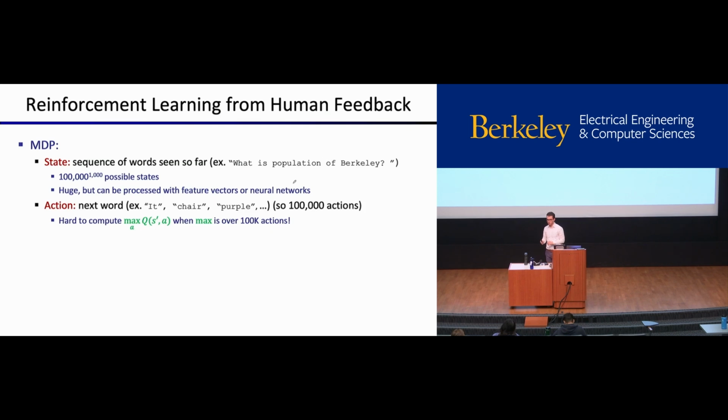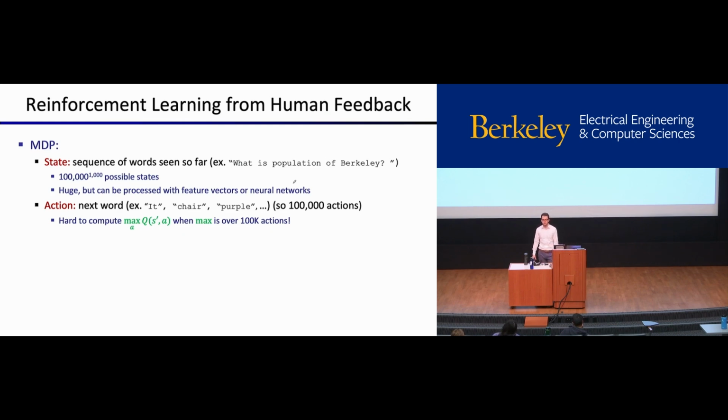Okay, the actions are going to be, what's the next word, right? These are the things that the model can do. The model can predict words. So the next word might be chair, it might be purple. There are lots and lots of words, maybe 100,000 of them that it could predict. If we're doing Q-learning, remember I said when we switch from value function learning to Q-learning, we multiply the size of the value function by the number of actions.